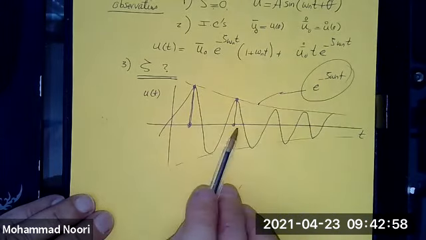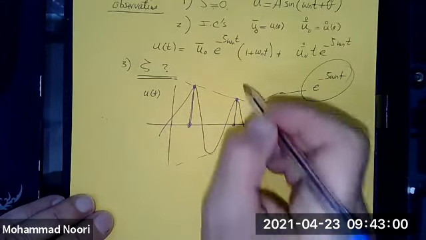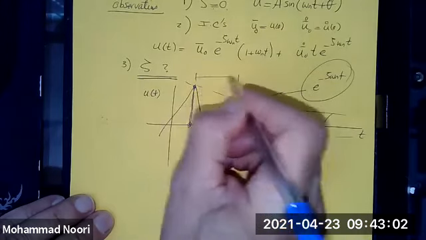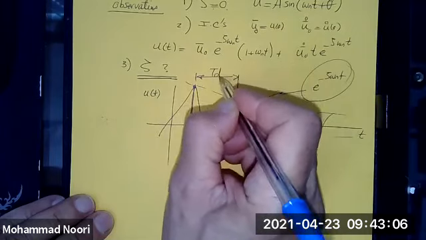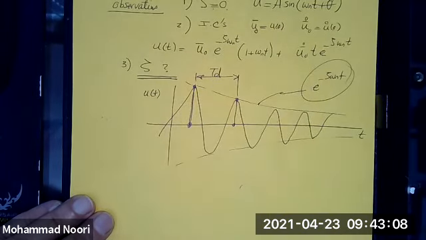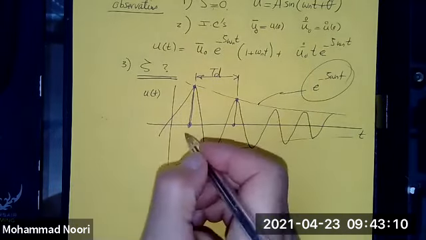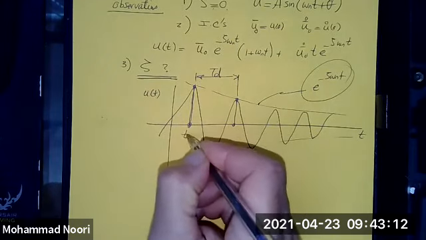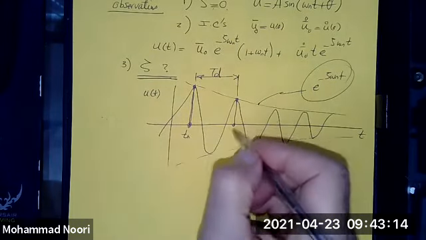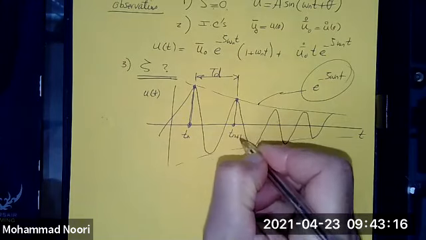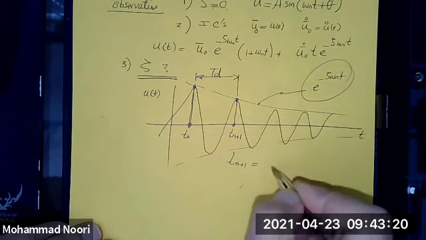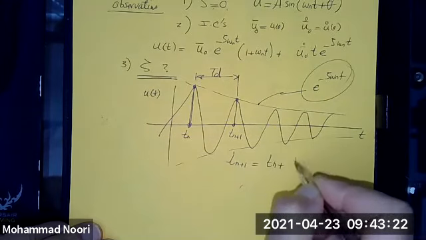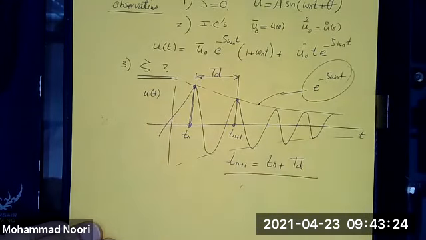Maybe this one and this one, or this one and this one. In other words, basically two peaks, which obviously are one period apart, okay? So if this peak is occurring at some time t n and t n plus 1, t n plus 1 is t n plus 1 period.